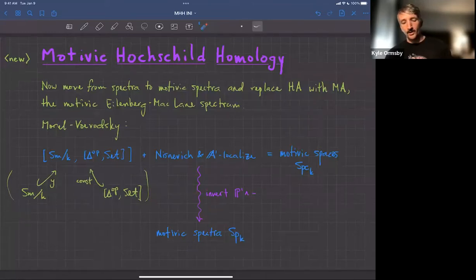And then we need to A1 localize, which inverts the affine line. So that gives us motivic spaces. And then thinking in terms of either dualizability or Thom isomorphisms, you see that for a stable story, you need to invert smashing with P1, and that leads us to the category of motivic spectra.